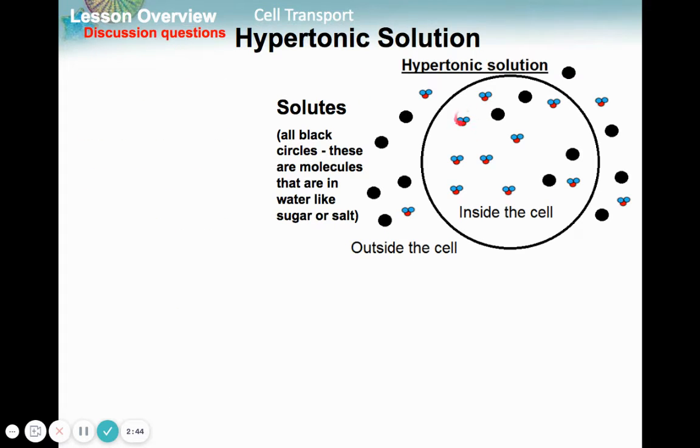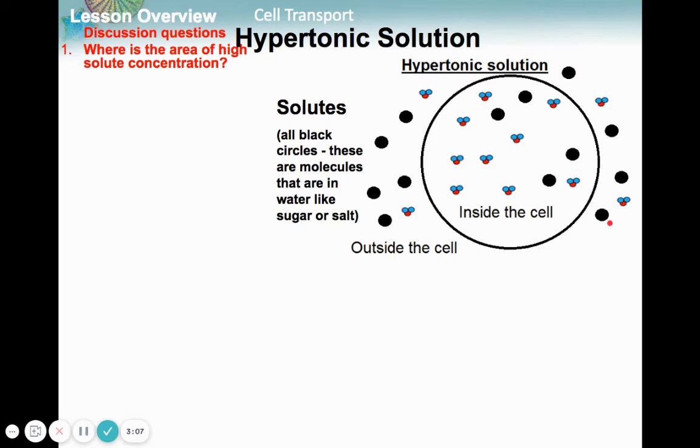I see water molecules here, and I see some form of solute. So where is the area of high solute concentration? All you have to do is count up the black dots. Wherever you see more, that is high solute concentration. So on the outside, I see 1, 2, 3, 4, 5, 6, 7, 8, 9.